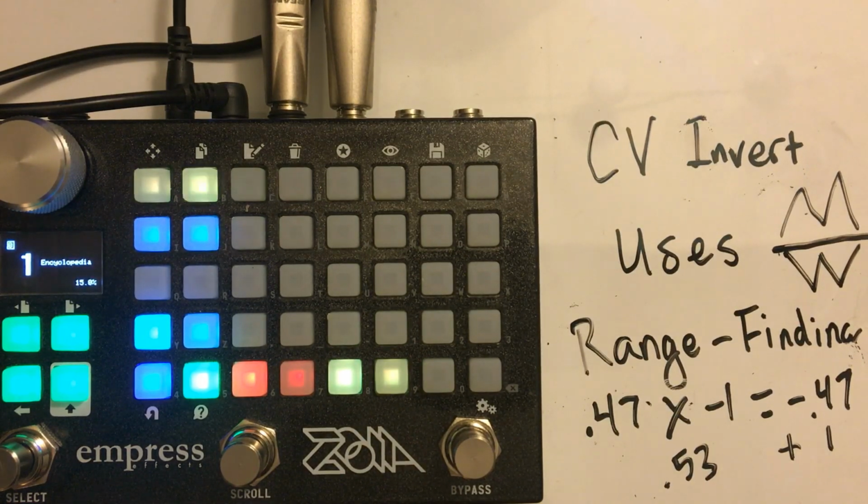But sometimes you really want to be able to quickly create an LFO that exactly mirrors the LFO that you're using, to create one that is on when the other is off. This comes up a lot with loopers and recording. If you want to automate record, this is one way to do it.